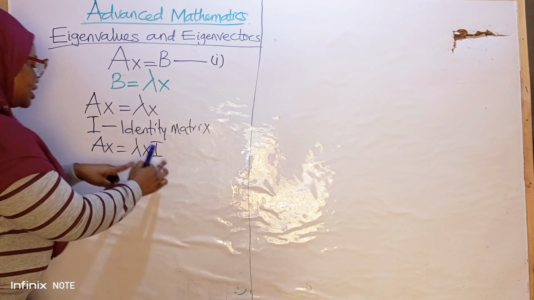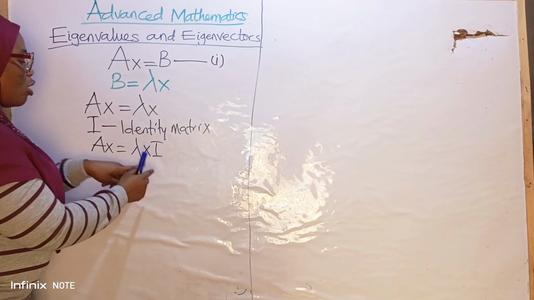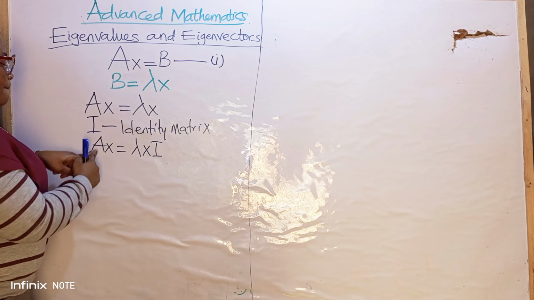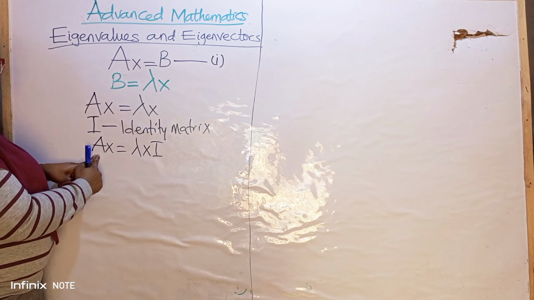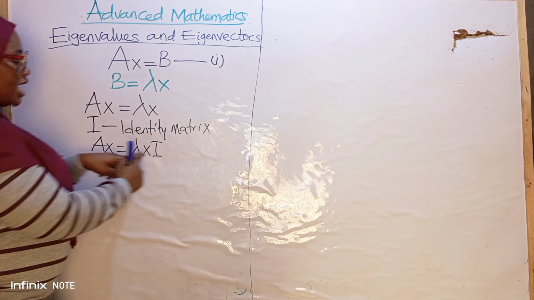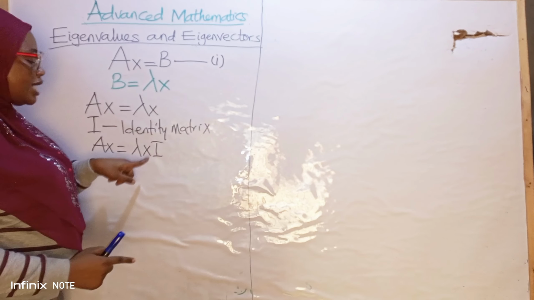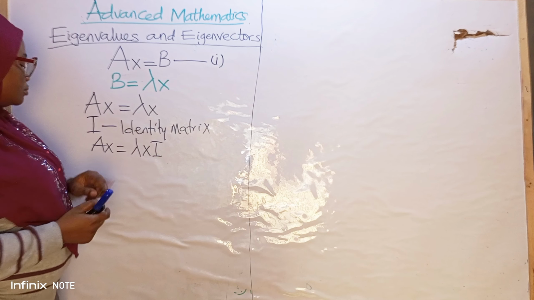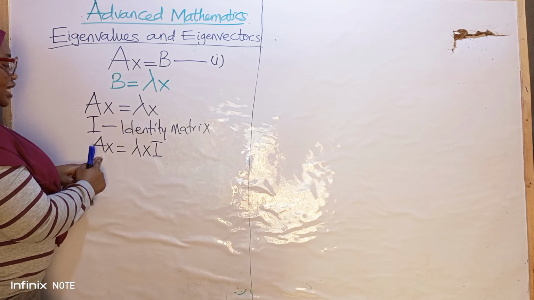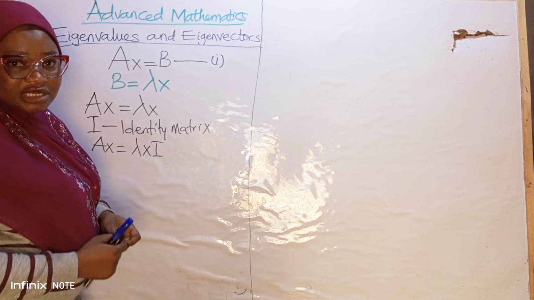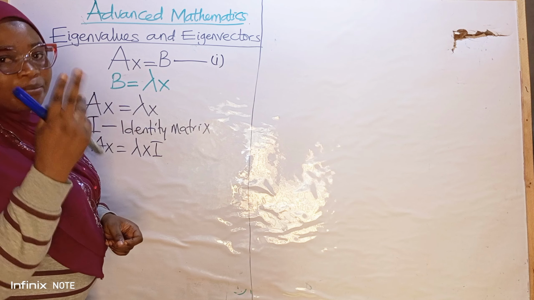The order of the identity matrix is determined by the order of matrix A. If A is a 2 by 2 matrix, that means our identity matrix will also be a 2 by 2 matrix. If matrix A is order 3 by 3, that means the identity matrix will also be 3 by 3.